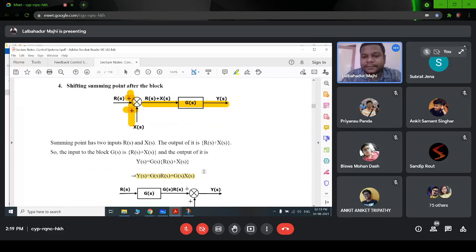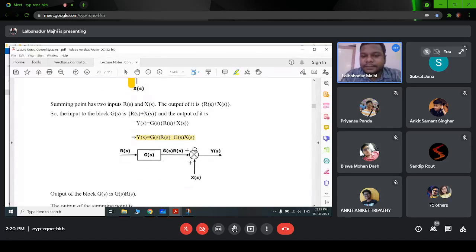Up to this clear? So now we have to move this summing point after this block. We have moved this summing point after this block. So now without changing anything, let's see what is the output now. What is the y of s?